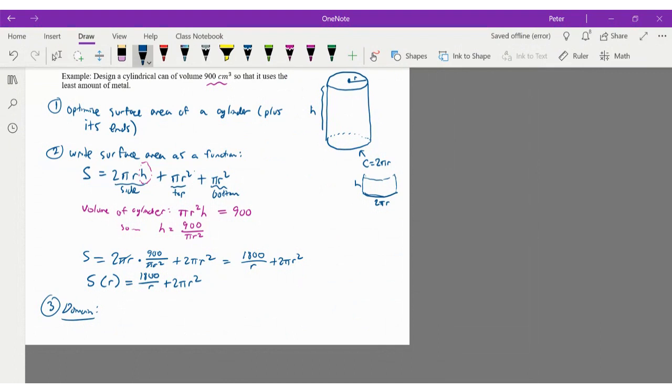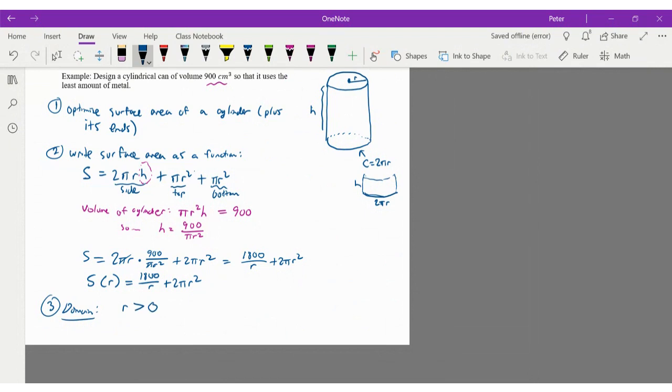So what's the smallest radius that I can have? 0. Okay. So we know that r, in fact, I can't even have 0 because if you look at the function, I would be dividing by 0. So here, this is the first time we're going to see an optimization problem where the domain is not a closed interval. Because r actually has to be greater than 0. I can't put 0 in the denominator in that expression.